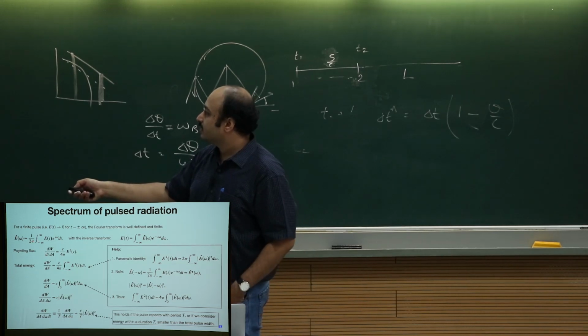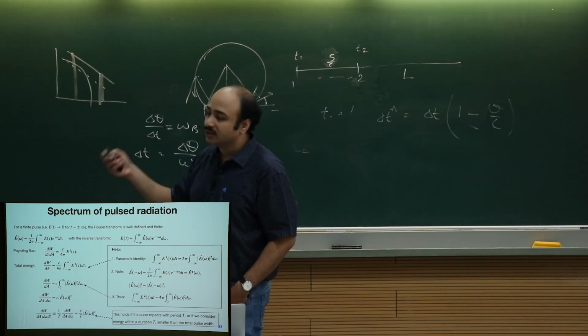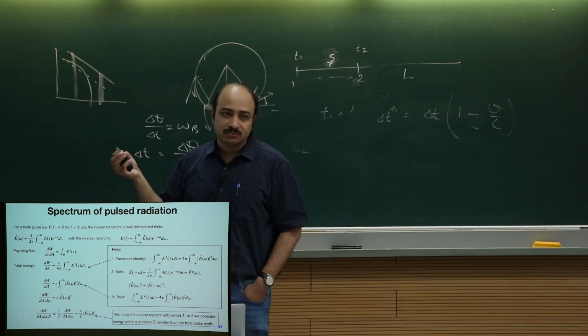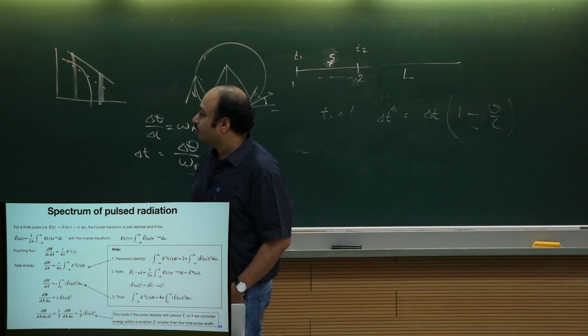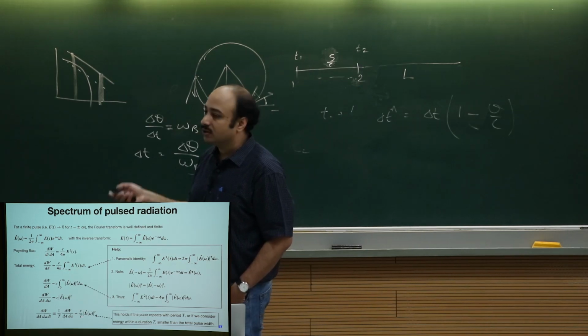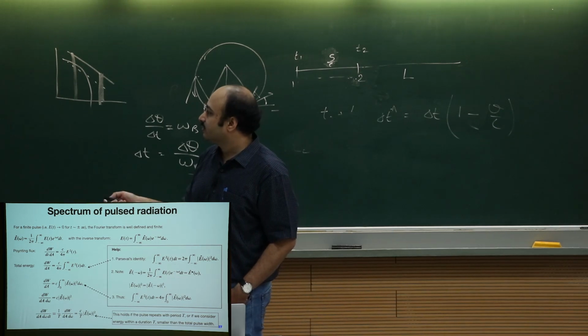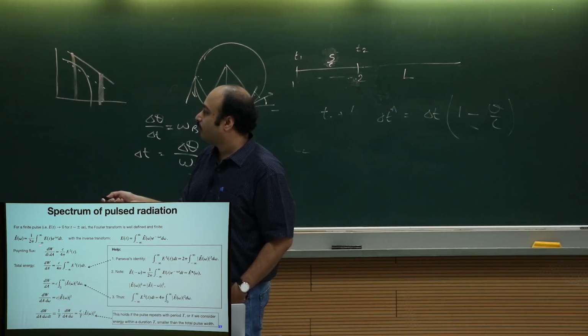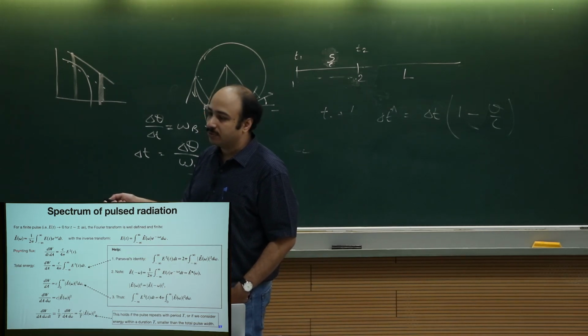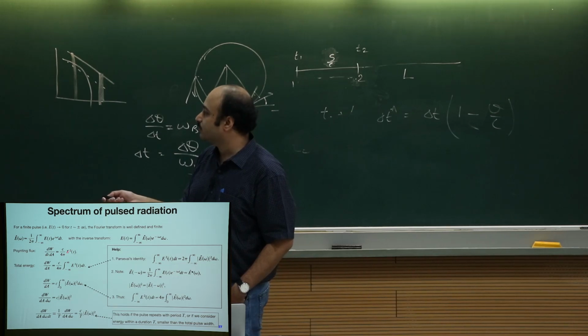So what this entire region of calculation shows you is, if we want to find the spectrum of the radiation, what we must understand is how the Fourier transform of the electric field is derived. How do we arrive at that point? We have some basic definition of the electric field and its Fourier transform. We have the Poynting flux, which is the energy per time per unit area, which is proportional to E squared.